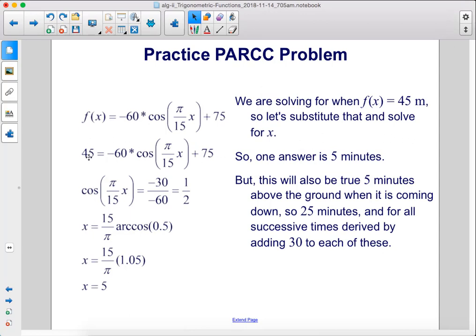Here we have f of x equals the equation, set f of x equal to 45, solve for x, and we see that one answer is 5 minutes. But this will also be true 5 minutes above the ground when it is coming down, so that would be at 25 minutes, and for all successive times derived by adding 30 to each of these.